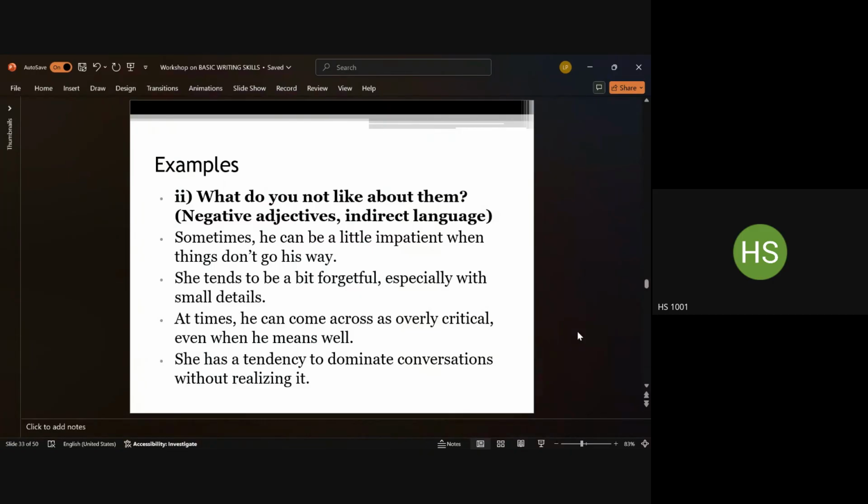Okay. At times, third one, at times he can come across as overly critical, even when he means well. Okay. She has a tendency to dominate conversations without realizing it. So either you use a softened version of the word, or you use other expressions to make it a little bit softened at its end.